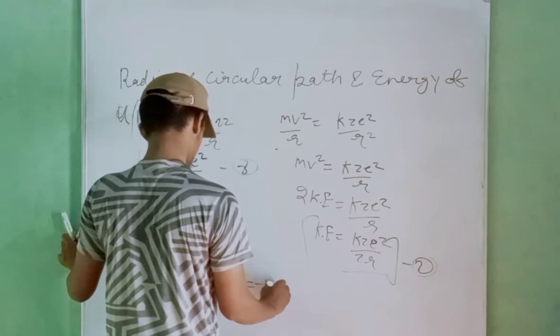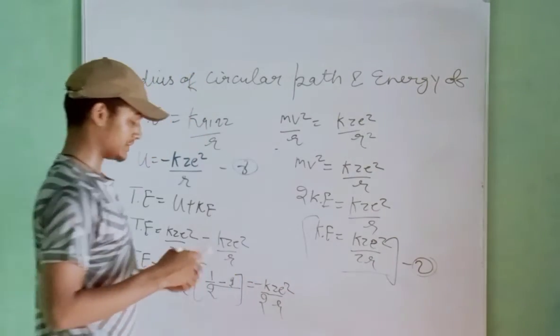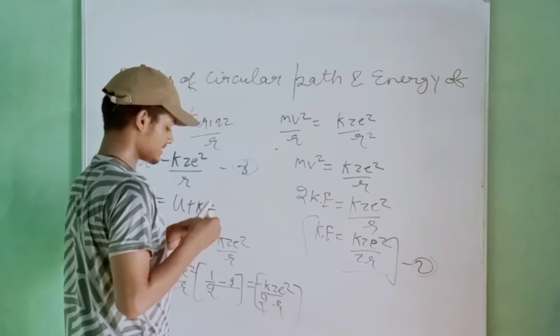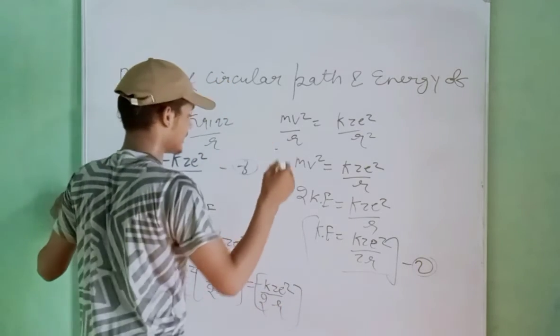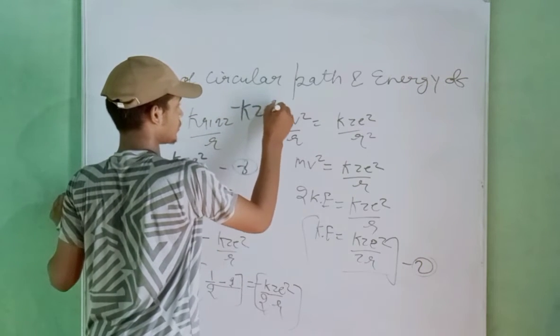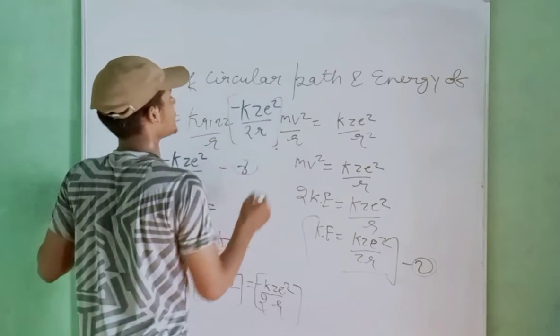So the total energy of the electron is negative: minus kZe square upon 2R.